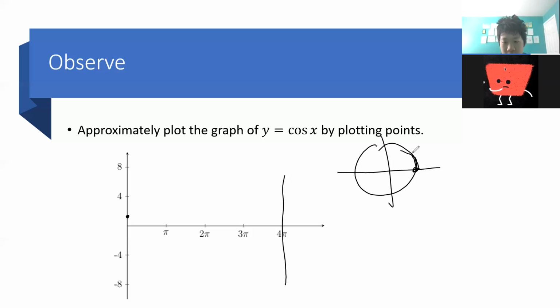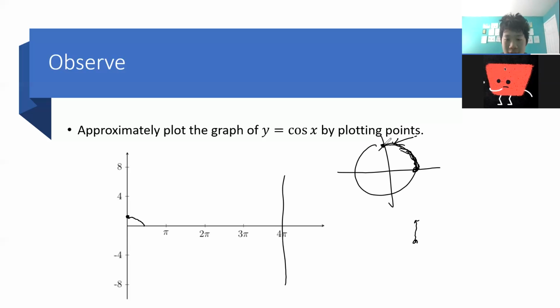You can observe that as x increases, y decreases until we get to 0 at pi over 2. And you can see that first it decreases slowly because it's kind of going straight up, and then it tilts to the right, and now it's going really fast this way. So it starts out decreasing slowly, and then it goes faster.